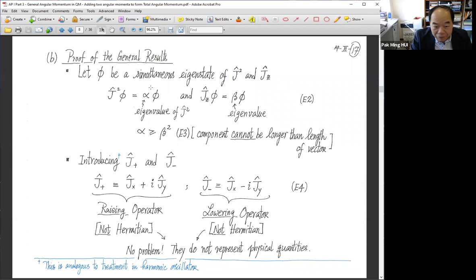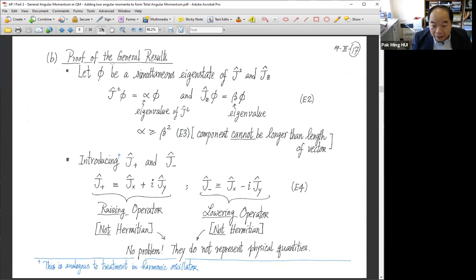Therefore, let us define an eigenstate. The symbol is phi, okay? We don't know what it is, we don't care what it is. We will focus on the eigenvalue. So for J square, we introduce alpha as the eigenvalue. Recall that the square root of alpha is the length of the vector J, that is, the magnitude of the vector.